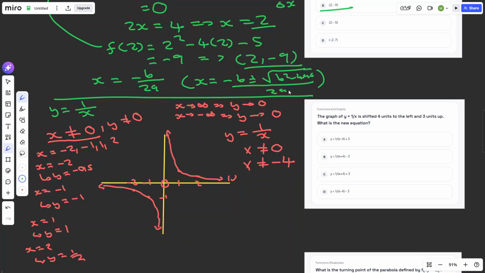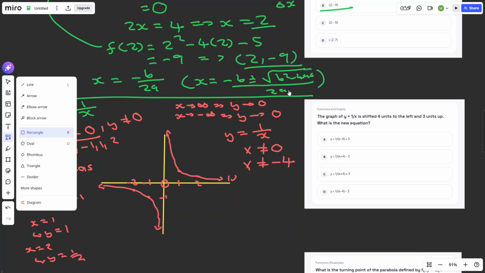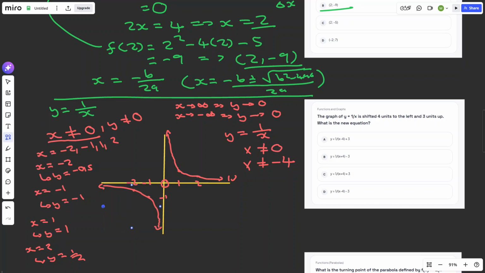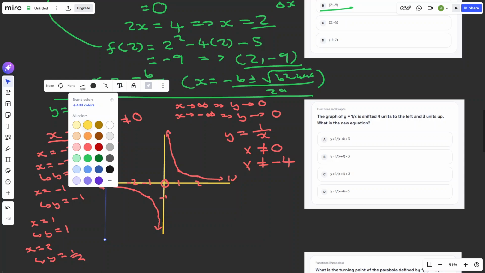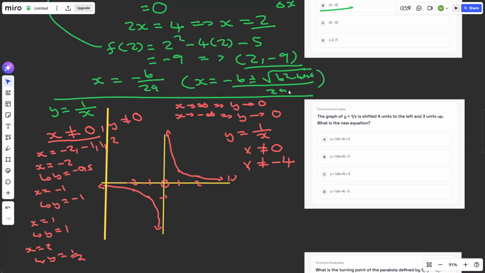So if we were to, let us quickly just put a horizontal line. If we were to take -4 as somewhere here, let me just put it there. So at this point here, it's -4.